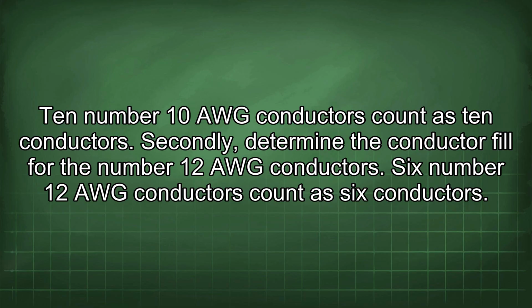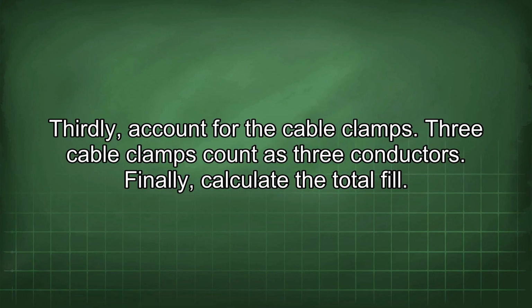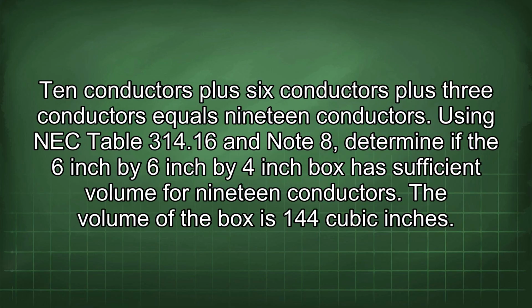Secondly, determine the conductor fill for the number 12 AWG conductors. 6 number 12 AWG conductors count as 6 conductors. Thirdly, account for the cable clamps. 3 cable clamps count as 3 conductors. Finally, calculate the total fill. 10 conductors plus 6 conductors plus 3 conductors equals 19 conductors.